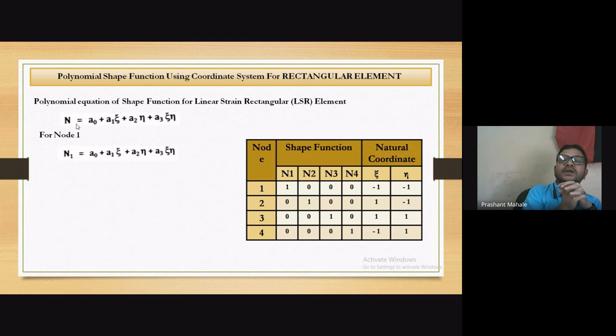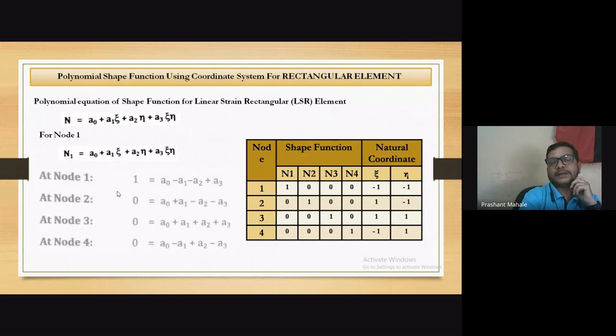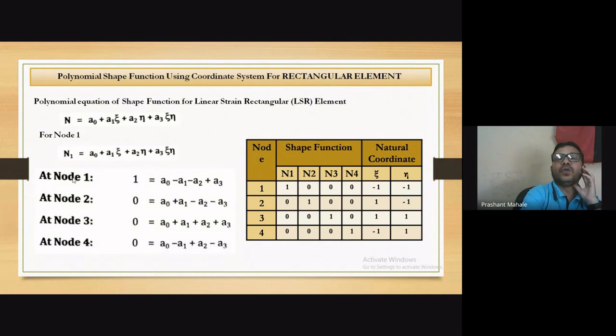So if n1 is this, we have this equation, then I can go for finding the value of n1 at the four nodes. How? Like this. At node 1, n1 is 1.